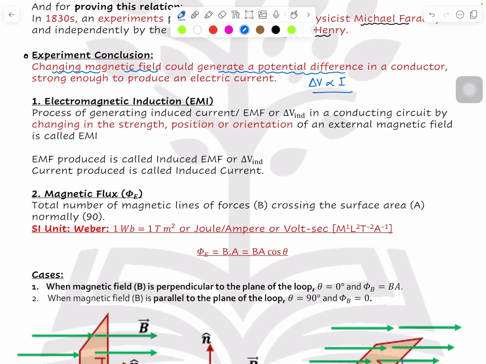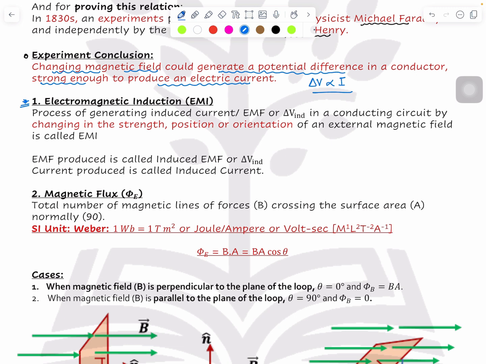In a conductor which is strong enough, we are producing potential difference which is responsible to produce an electric current. Fine. Now we will go step by step to understand this whole process. The first thing, EMI.